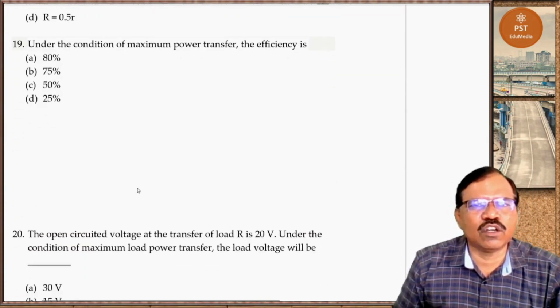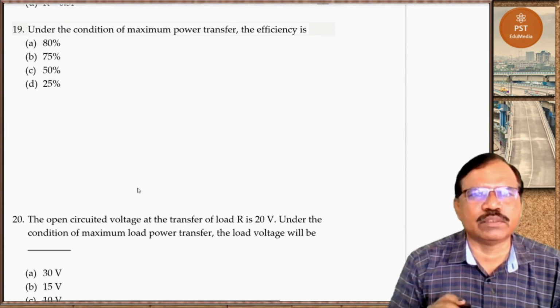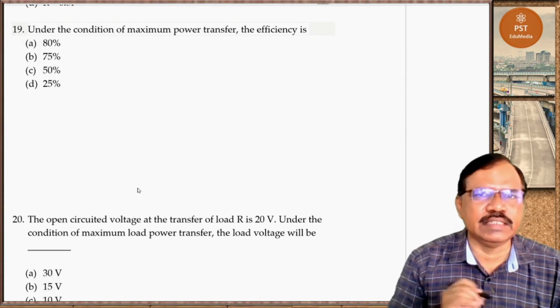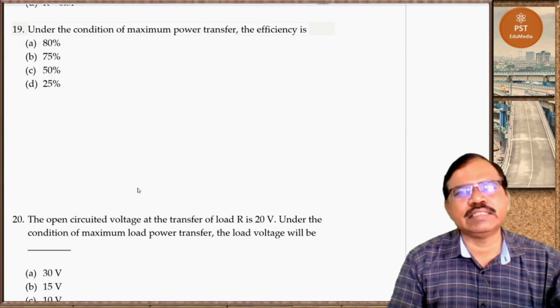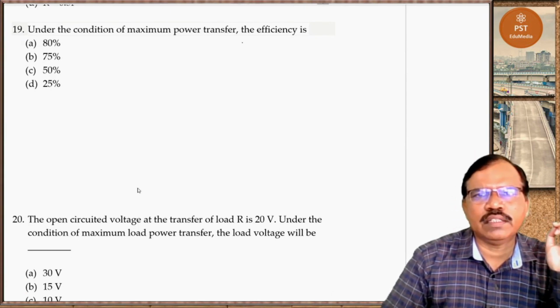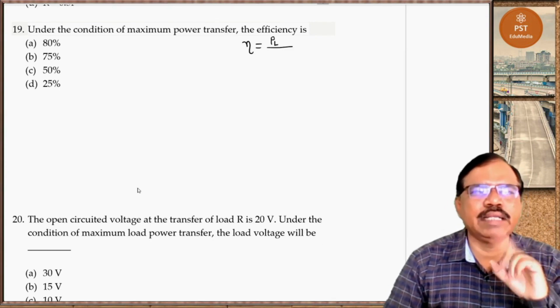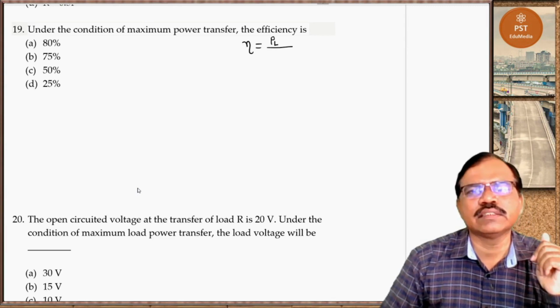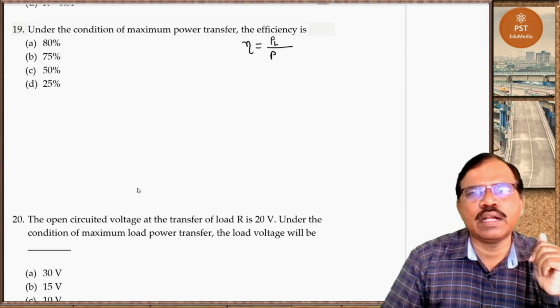Under the condition of maximum power transfer, the efficiency eta means power dissipated across load resistance and power developed by the source.